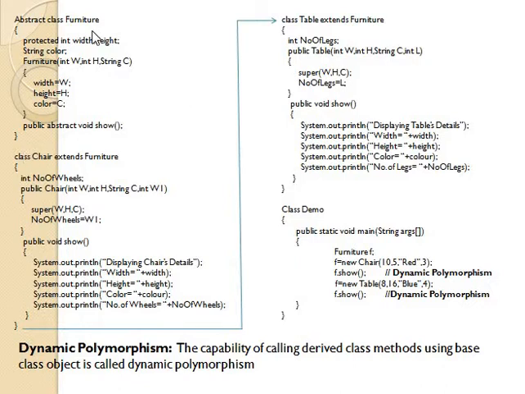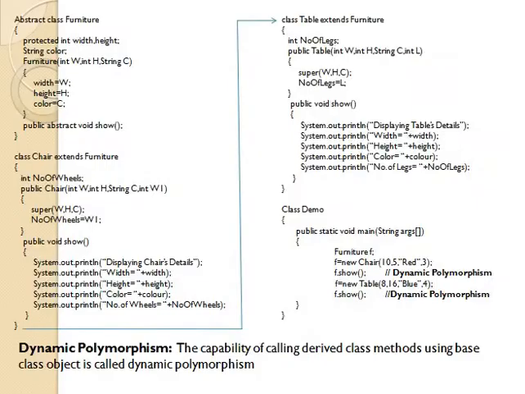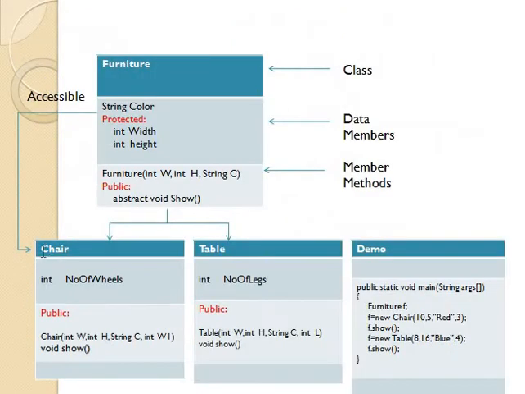Now just see this program. This abstract class furnisher is the base class. Coming below, the class chair, which extends or inherits the properties of the base class furnisher, is the derived class, which is represented here.